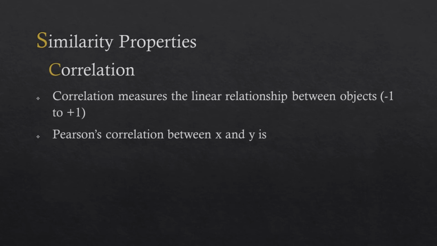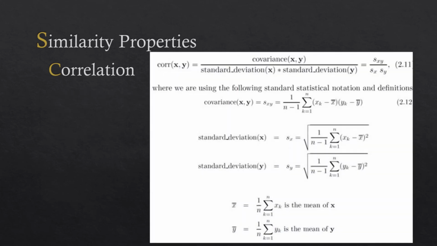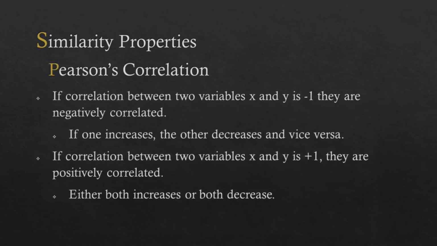Correlation. Correlation measures the linear relationship between objects, -1 to +1. Pearson's correlation between x and y. So here is the image of correlation. Now let's proceed to Pearson's correlation. We can say that if a correlation between two variables, x and y, is -1, they are negatively correlated.